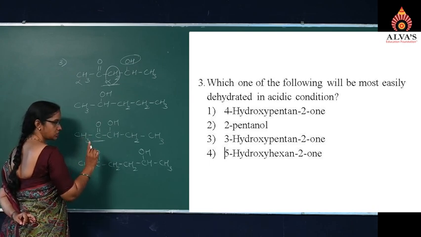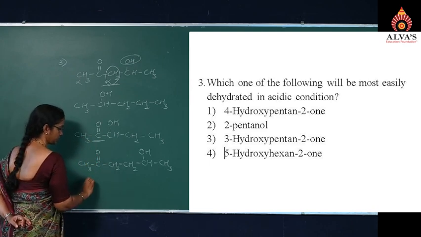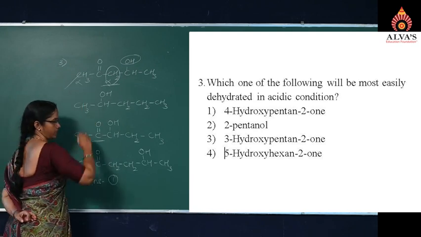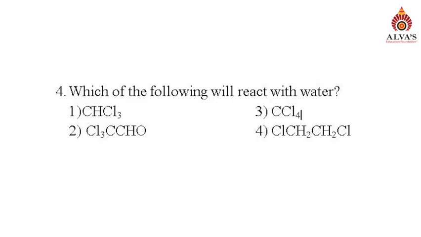Hence, the best option for this question is answer 1, the first one. Question number 4. Which of the following will react with water? Options are chloroform, trichloroacetaldehyde, tetrachloromethane and 1,2-ethylene dichloride.